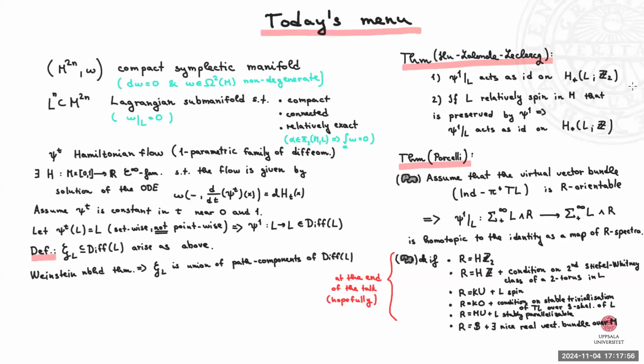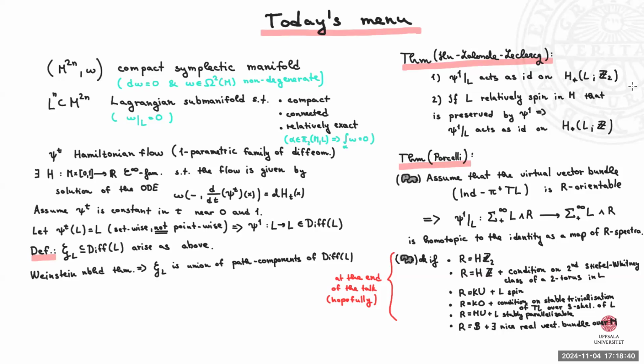There is an assumption that I call the assumption elephant, because it's going to be the big elephant in the room for the rest of this talk. And that is that we will assume that some virtual vector bundle, which is just some index bundle minus some pullback of some projection, is actually a stable normal bundle in some cobordism of one of the ends. We will assume that it is R-orientable, where R during this talk is going to be some ring spectrum.